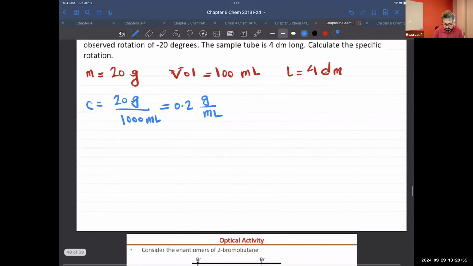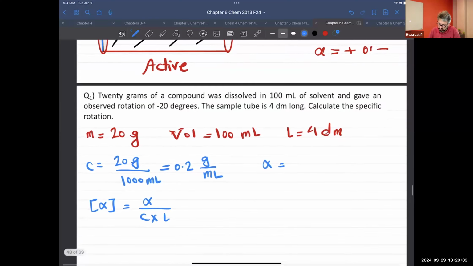Okay, let's calculate the specific rotation. The specific rotation is going to be alpha, the observed one, divided by C multiplied by L. And what was the alpha? The observed one, this is the observed one, and it says minus 20.